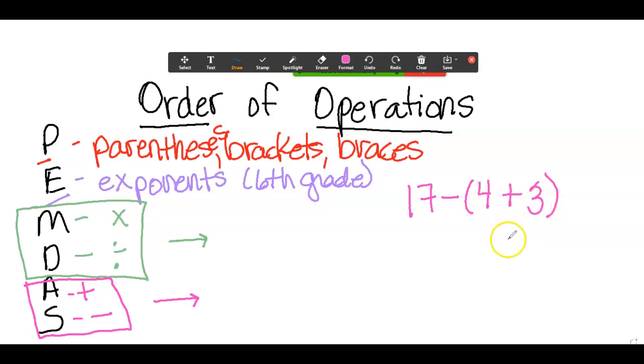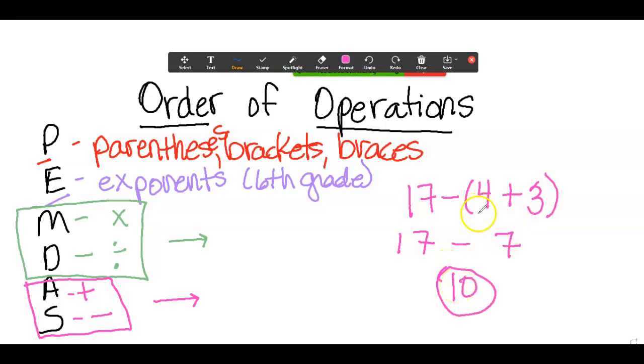So 4 plus 3 is 7. And then I write everything I haven't used. Well, this one is not very hard, is it? Because if I know to do what's in parentheses first, then I'm going to come up with just one more thing to do, right? 17 minus 7 is 10.